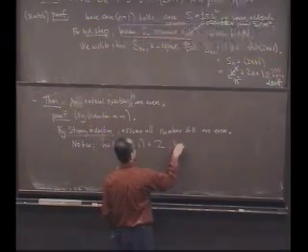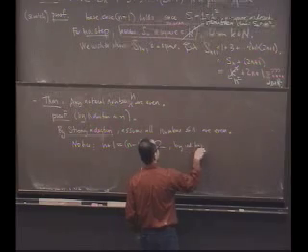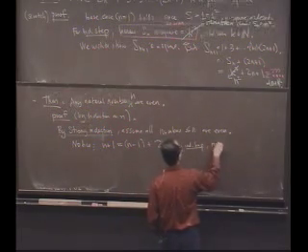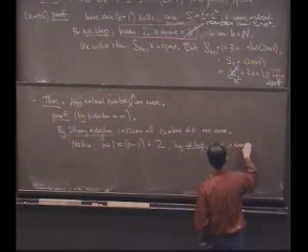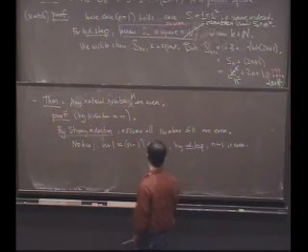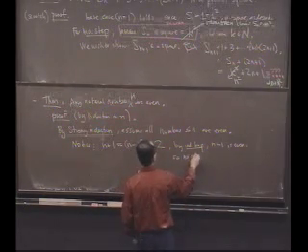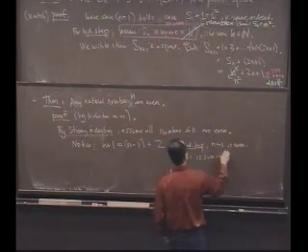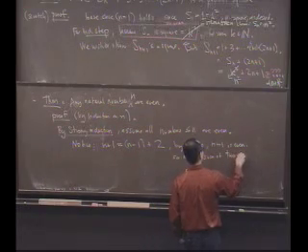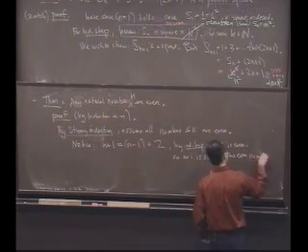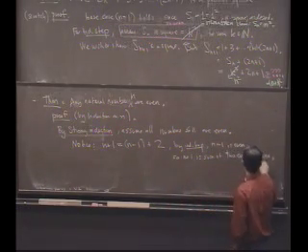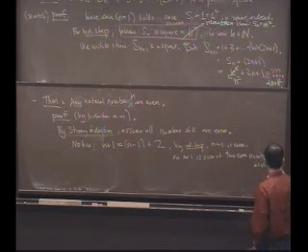And by the inductive hypothesis, n minus 1 is even. So n plus 1 is the sum of two even numbers. Nice. As desired. End of proof.